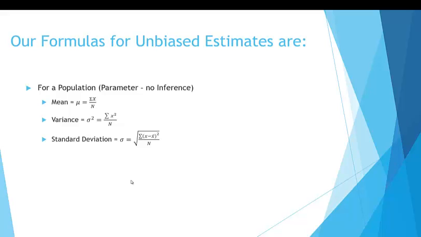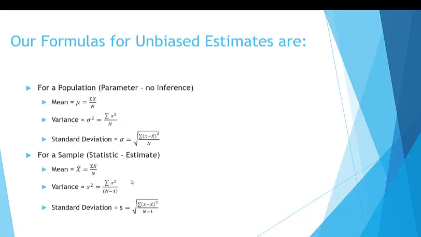For our population, our mean, variance, and standard deviation, our mean is simply our average. Our variance then is our sum of squares over n, and our standard deviation is the square root of the sum of squares over n. When we're looking at our sample, our mean is the same.